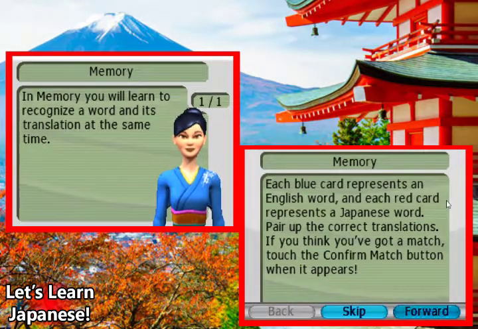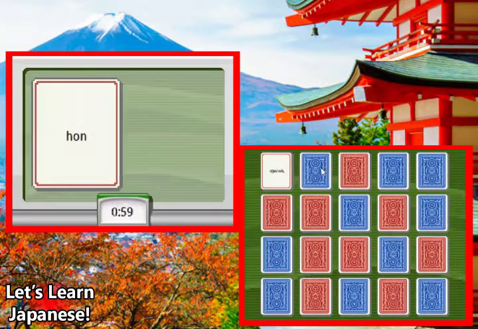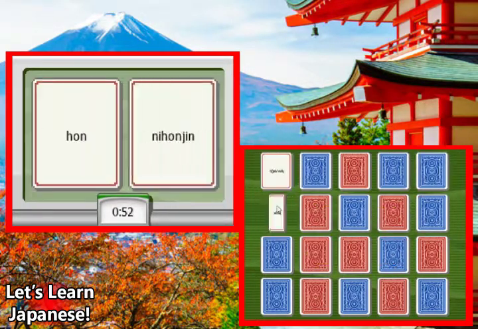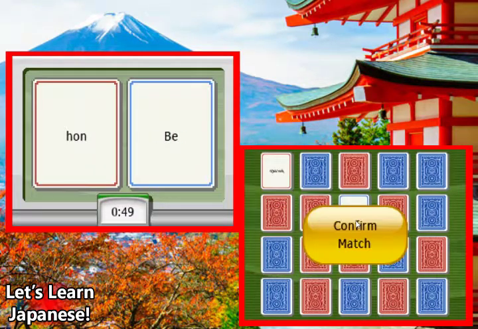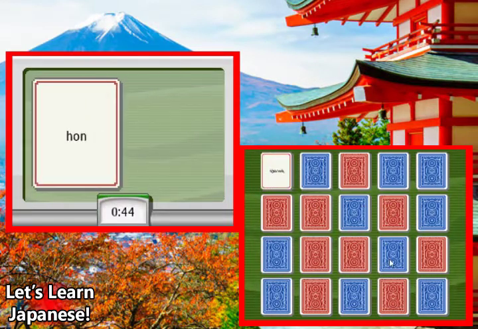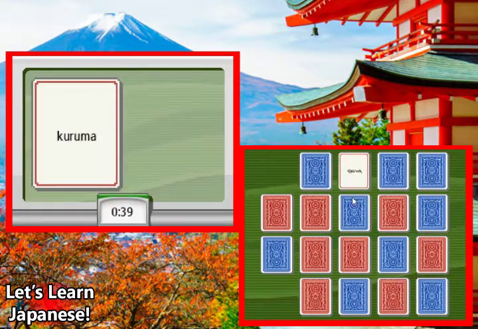Okay. Each blue card represents an English word. Each red card represents a Japanese word. Alright. The time limit is really the part that kills us here. Okay. Hon. American. No. Hon. Chair. Hon. House. Oh, no. Hon is book. Car. Woman. Oh my gosh. Kuruma is car.